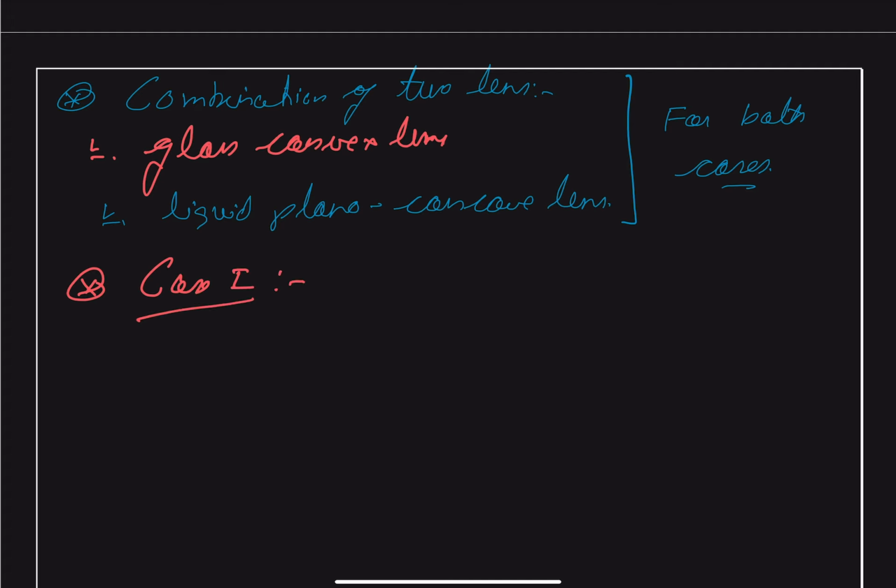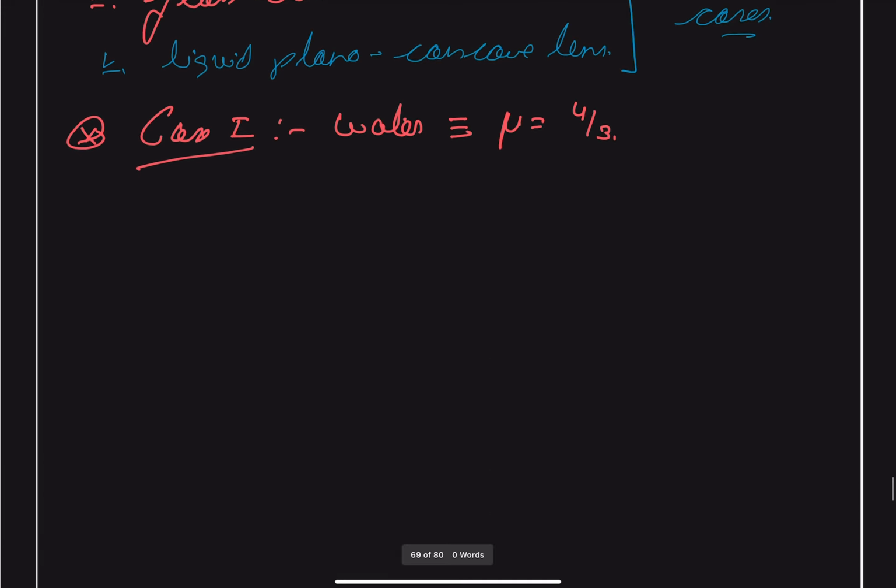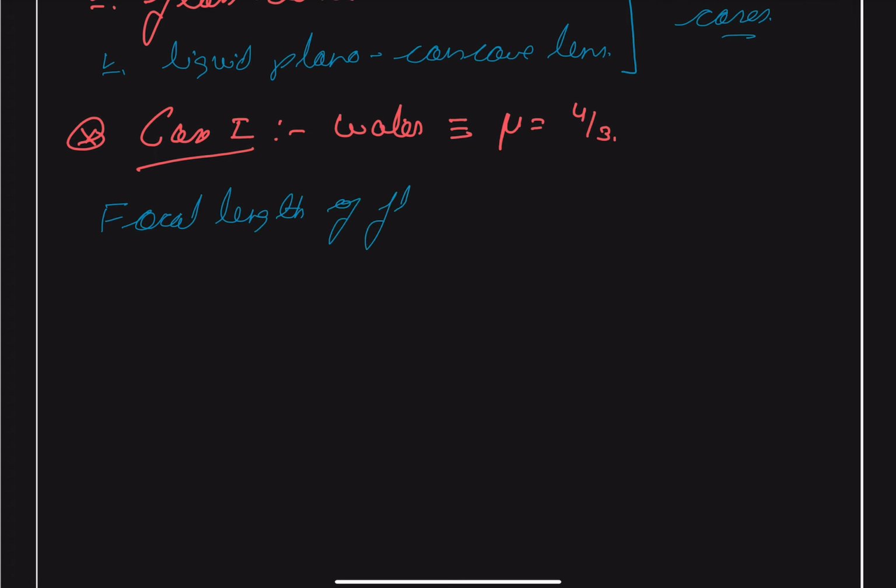In case 1, we are given that water is having a refractive index of 4/3. So we can find out the focal length of the glass lens.